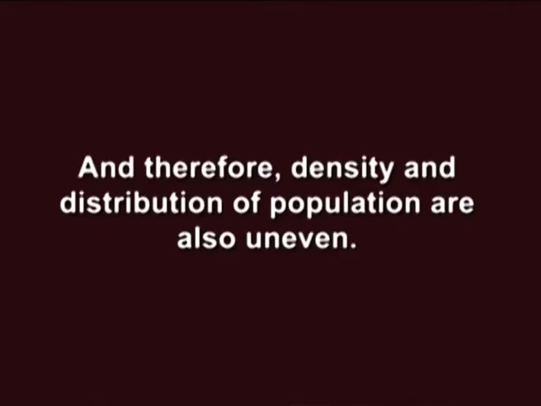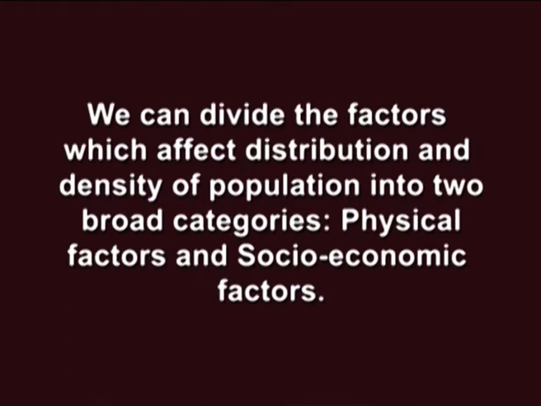The availability of these resources is influenced by geographical features which cause uneven distribution, and therefore density and distribution of population are also uneven. We can divide the factors which affect distribution and density of population into two broad categories: physical factors and socio-economic factors.